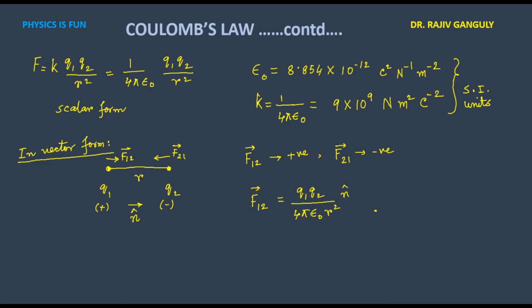And similarly, F21 will be minus, because here it will be opposite to n cap, so this minus sign gives the direction. So it will be minus Q1 Q2 divided by 4 pi epsilon naught r square into n cap. So one is equal and opposite to the other.